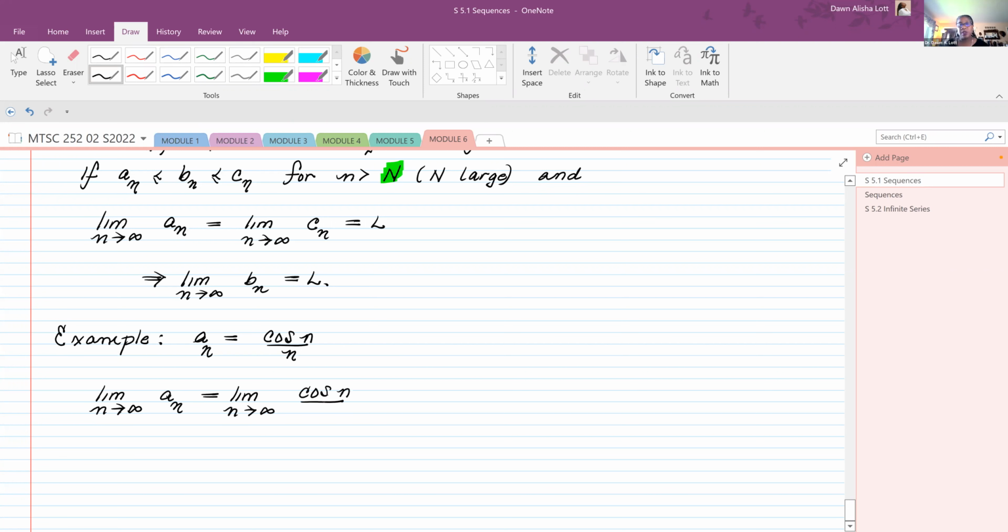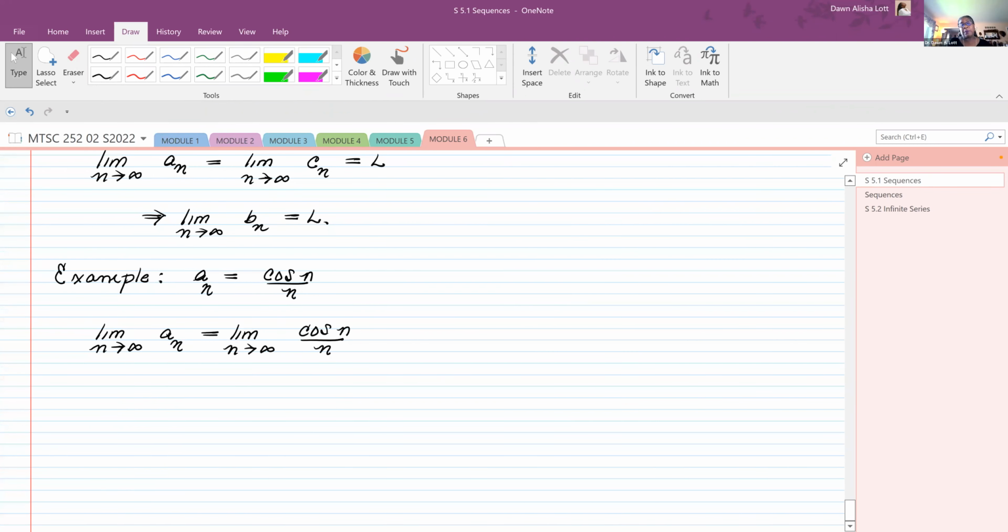Now here's the thing. The cosine function goes like this, right? It just keeps oscillating. So it's kind of hard for us to do that because the cosine just keeps going between -1 and 1, and n is going to infinity.